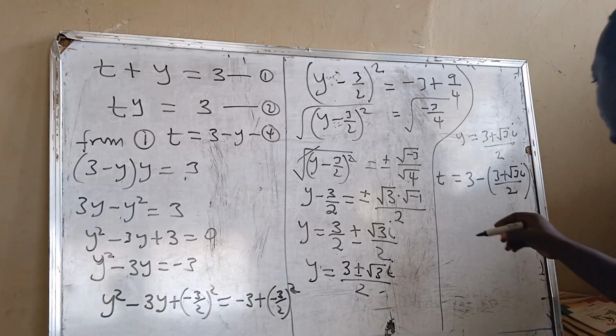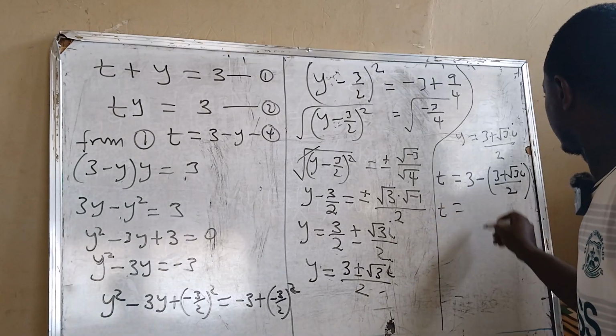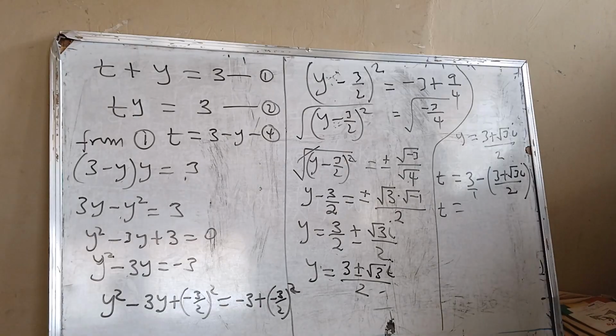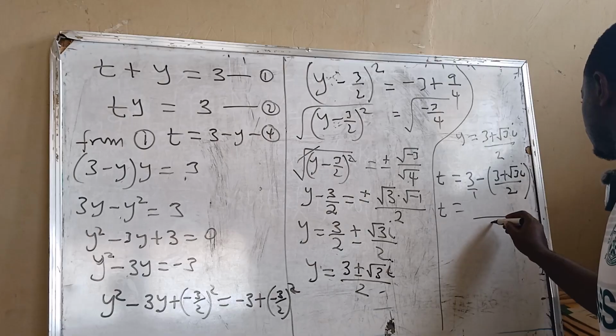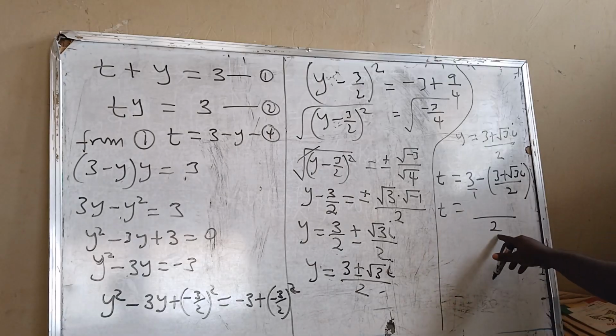Let's make this side over 1, then find the LCM. The LCM here will be 2. 1 into 2 is 2. 2 times 3 is 6.